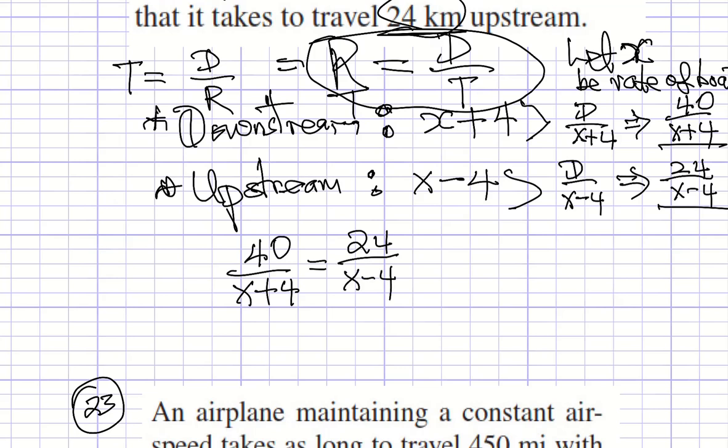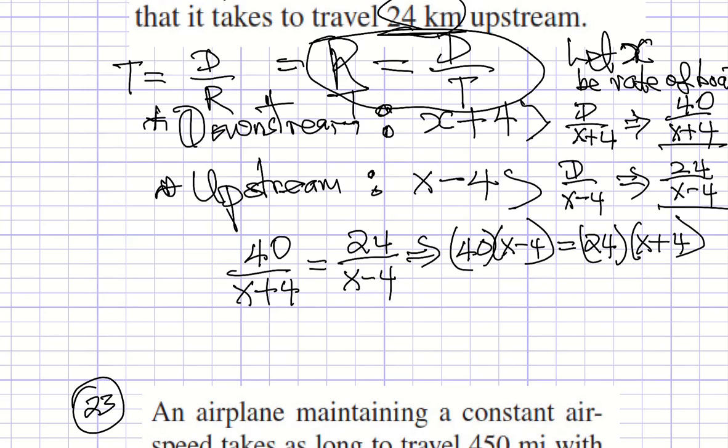And then we'll cross multiply. You cross multiply, you get 40 times x minus 4 is equal to 24 times x plus 4. That's all. So we're going to solve that for x.